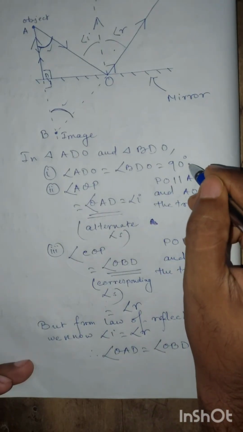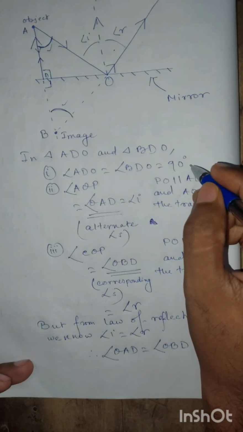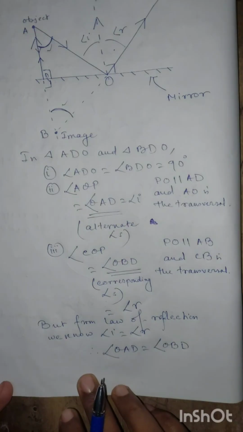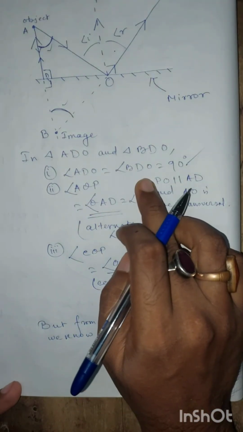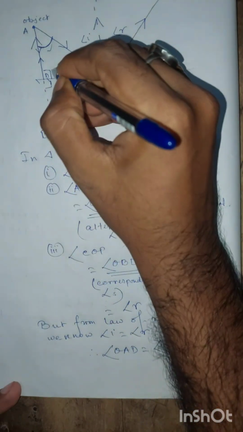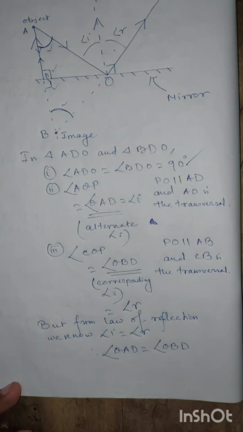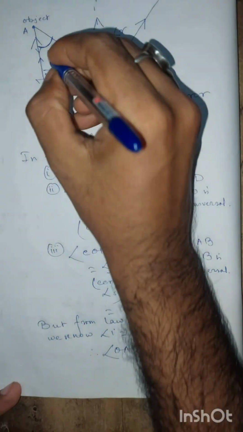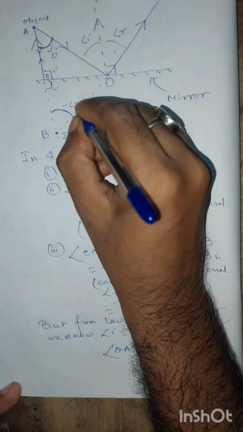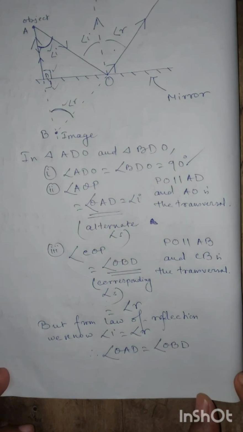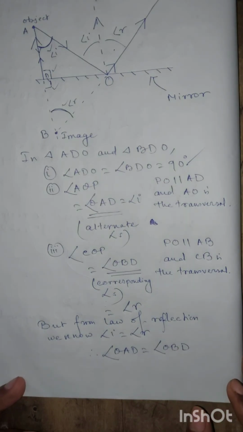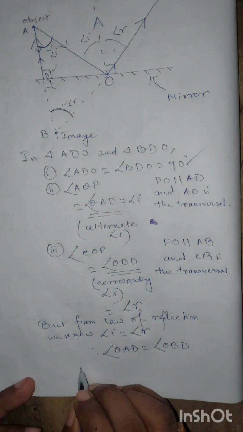So we have determined that these two angles are equal because they are 90 degrees. These two angles are also equal because this is equal to I, this is equal to R. And OD is the common side.